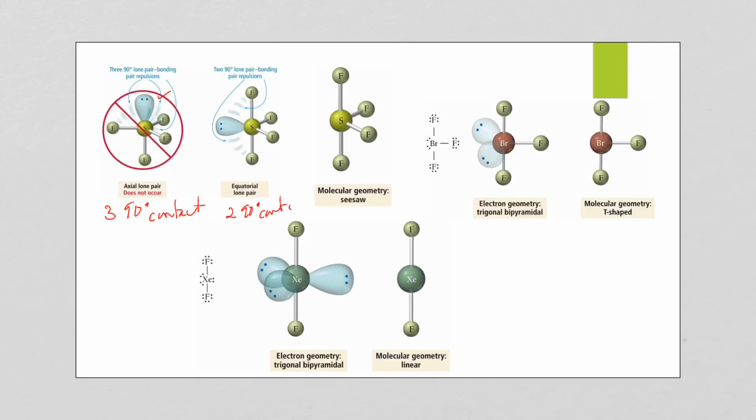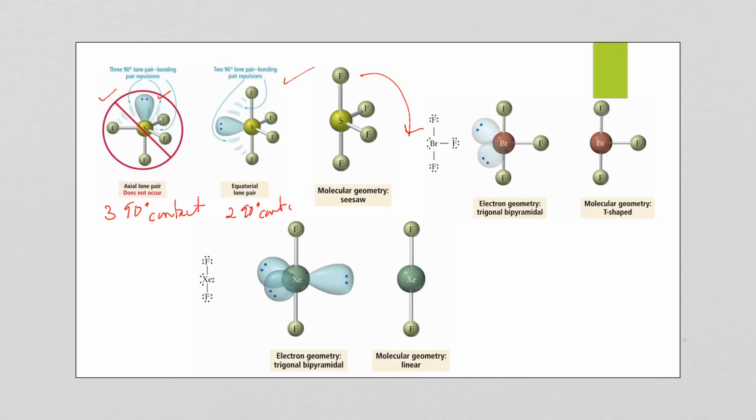So this one is favored, right? We don't see this one here. So again, if I take one lone pair here, replace it, I name it based on the 4 atoms that are present, and you can see it kind of looks like if you rotate it so that the 2 fluorines here are our base, we get the ends of a seesaw, right?